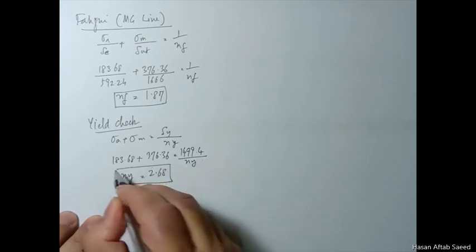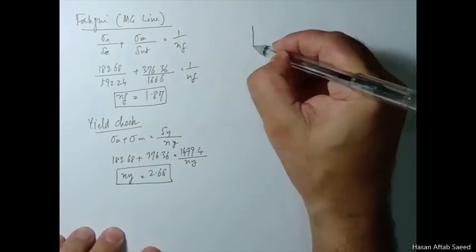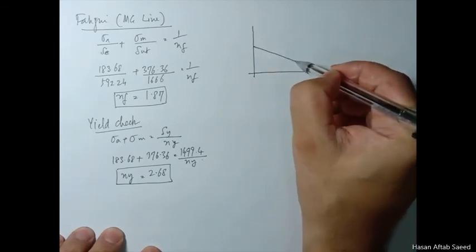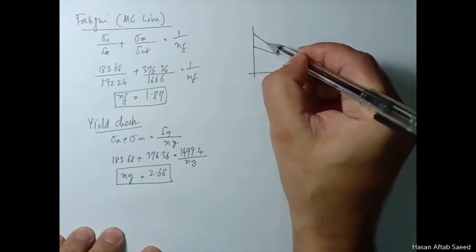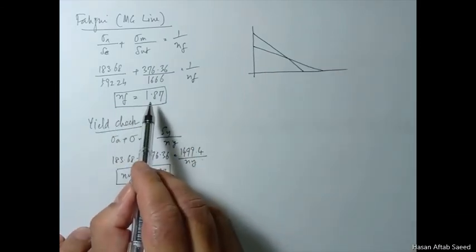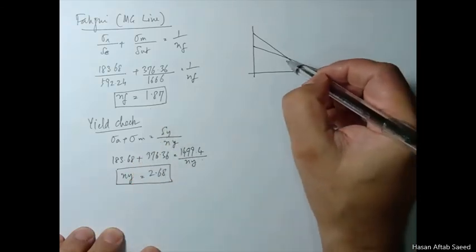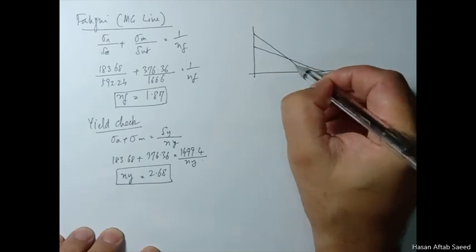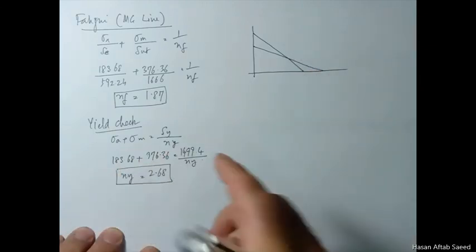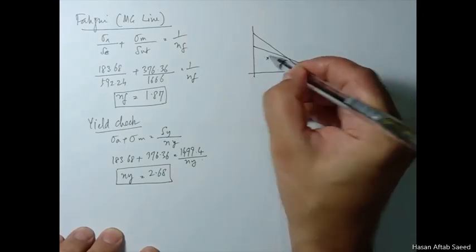Again, this can be plotted just for understanding's sake. We don't need the plot to calculate anything. This was the modified Goodman line, and the factor of safety for fatigue is less than the factor of safety for yield. So it will plot somewhere along this region, and obviously the stresses also indicate that.